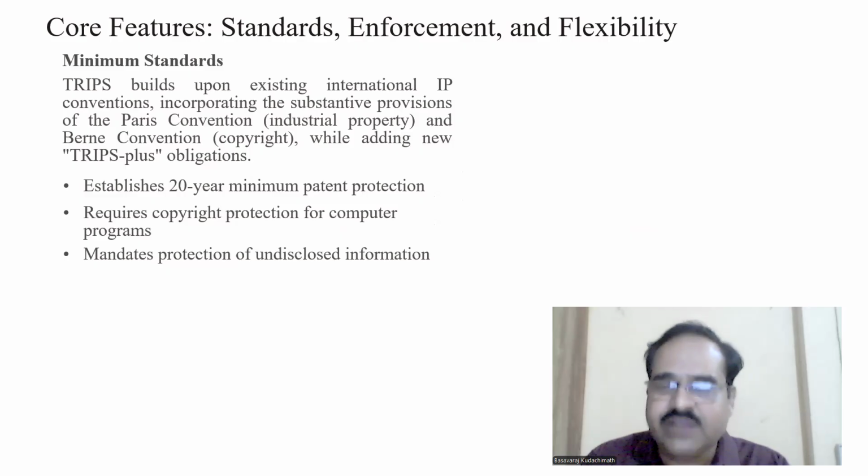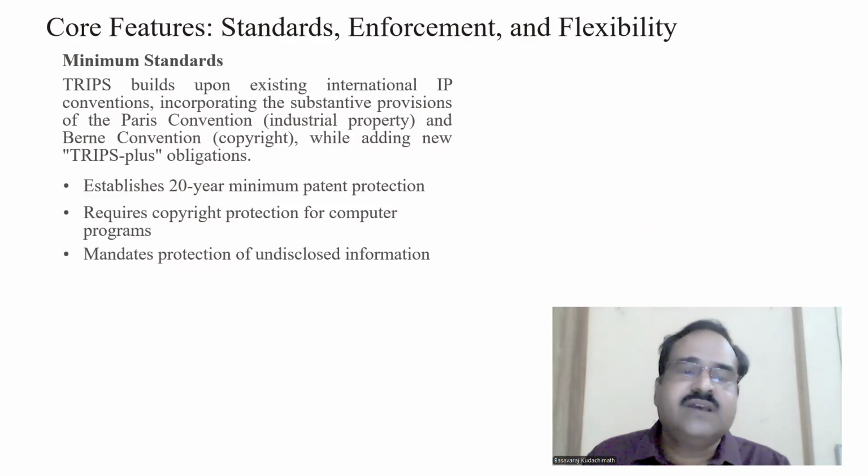Every member country should modify their patent tenure to a period of 20 years. When it is invented, for the next 20 years it has to be protected. Except for certain national level issues, other than that, a 20 years minimum period was envisaged.